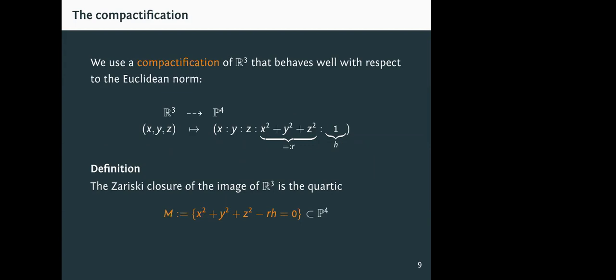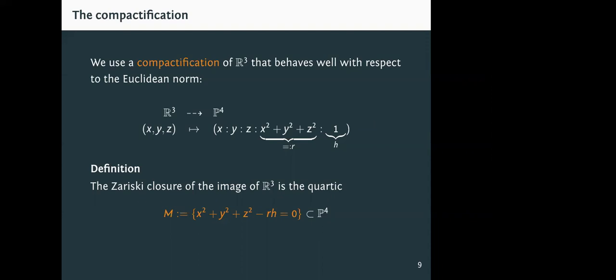So this is the compactification that we will be using. It is a compactification of R3 into P4. What I do is map a point x, y, z to the point with projective coordinates x, y, z, and then a new coordinate r, which is the sum of squares of the coordinates, so r is x squared plus y squared plus z squared.